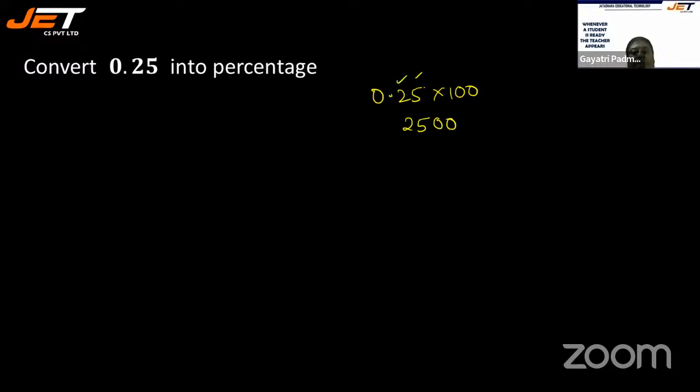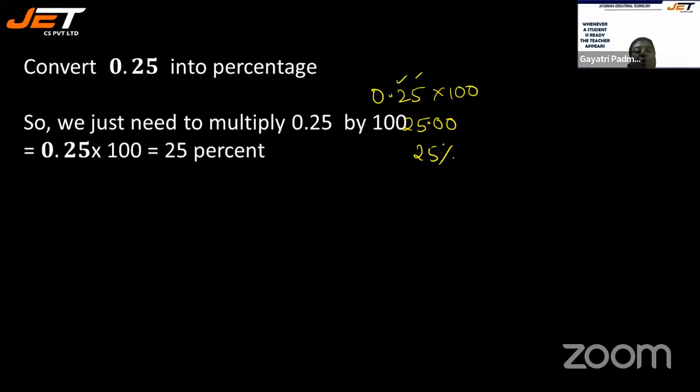After the decimal, you have two numbers, so from the backward, you should also see two numbers, which means it is 25%. So 0.25 into percentage means 25%. Let's see the answer. It is 25%. If you have got 25% as your answer, then your answer is correct.